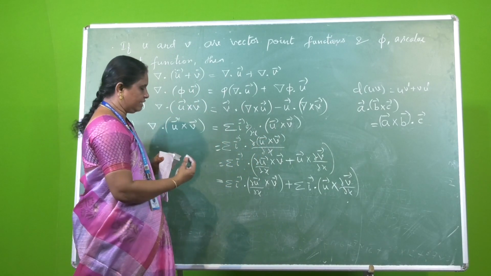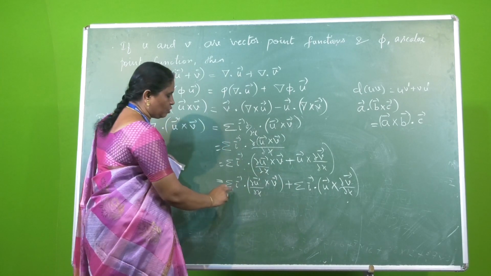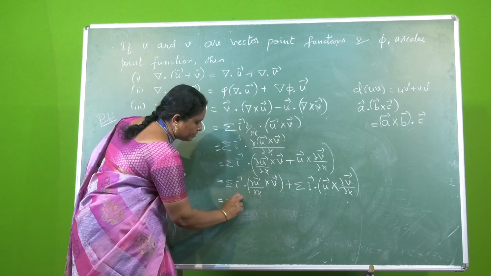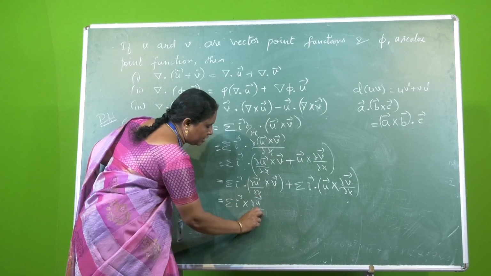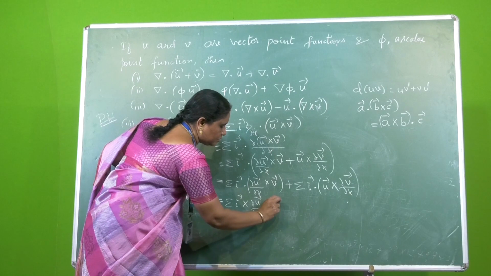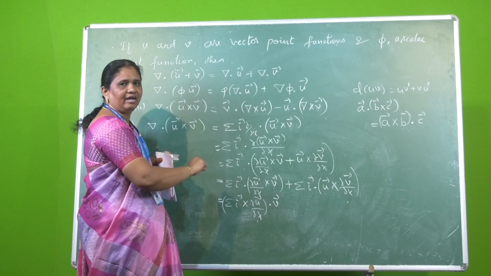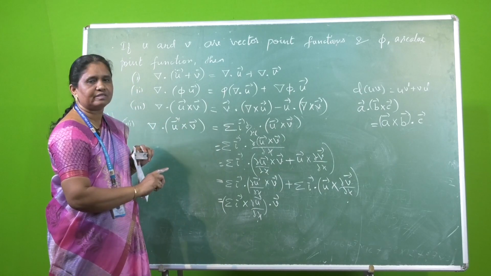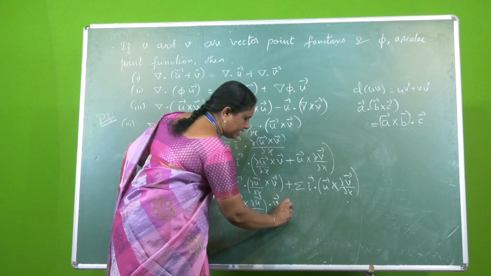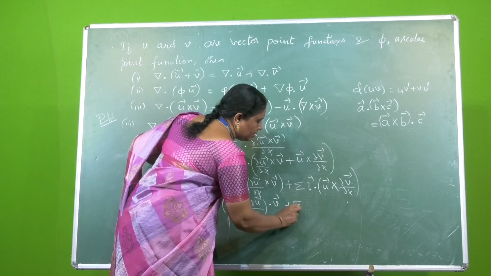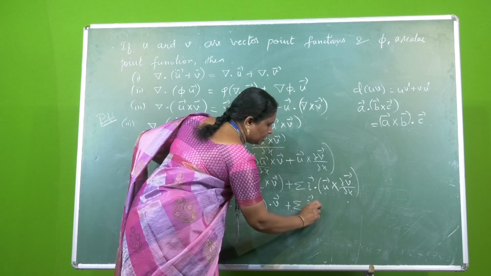We have one formula like that, and here we are applying this formula to both the terms. So we get summation i vector cross dou u vector by dou x dot v vector. Okay, so using the formula A dot B cross C, which is equal to A cross B dot C, we are replacing the term like this, and again the second term also we are writing like this, summation i dot.